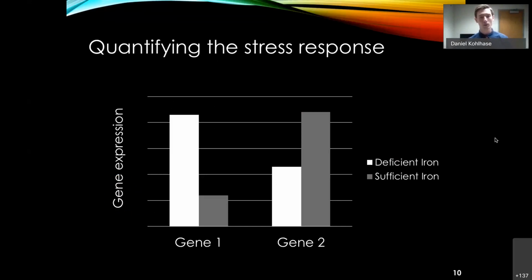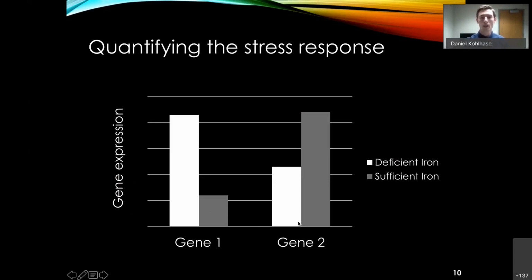So this is a conceptual graph. And what this is showing you is basically what we do in gene expression studies. So what we do is we look at a particular gene and we look at the effect of a particular treatment. And so in this instance, we're looking at deficient and sufficient iron conditions. So for gene 1, we can see the gene expression in deficient conditions is higher than in sufficient conditions.